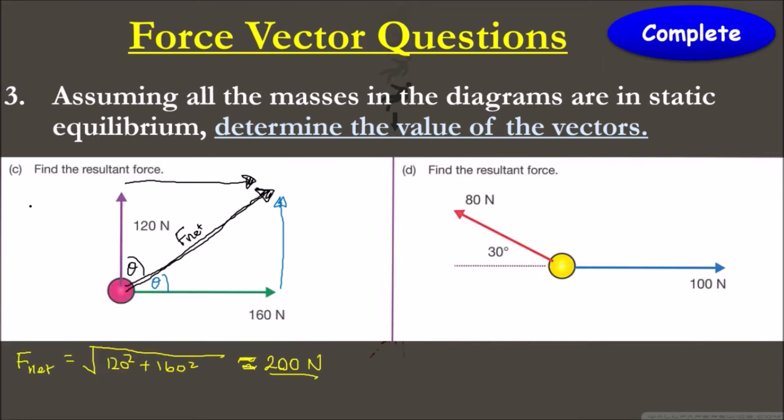I'll write it up here. So in this case, theta is, what do we have? We can use tan. Okay, so tan inverse, the opposite side up here would be the 160. So 160 divided by our adjacent side, the 120. Okay, put that into my calculator and see what I can get.